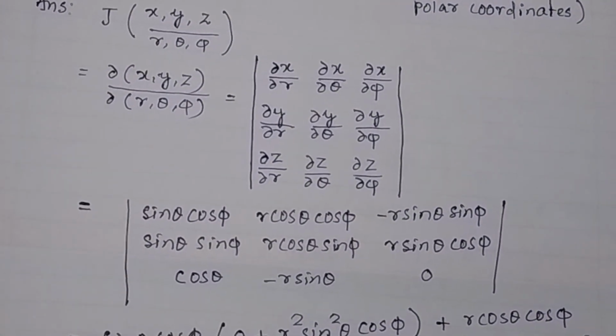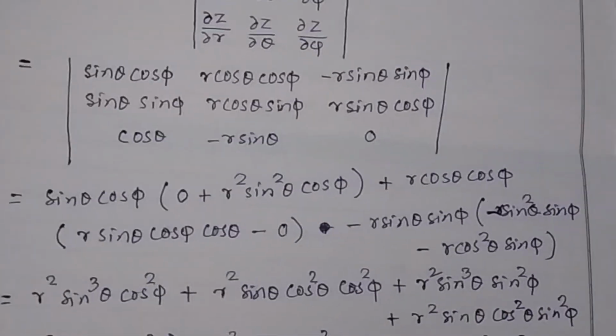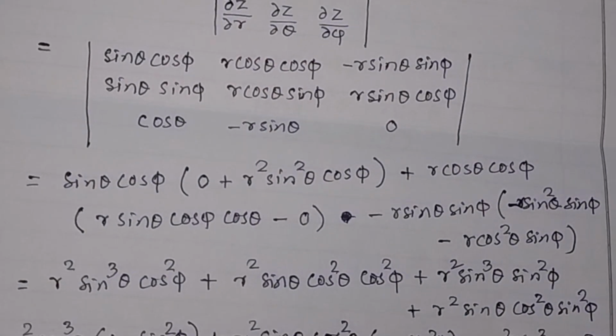Now we will find the determinant of the given Jacobian.